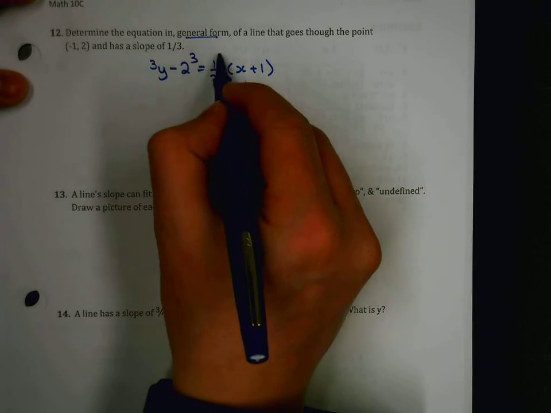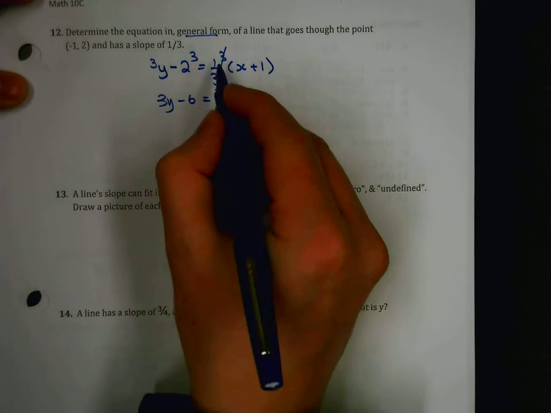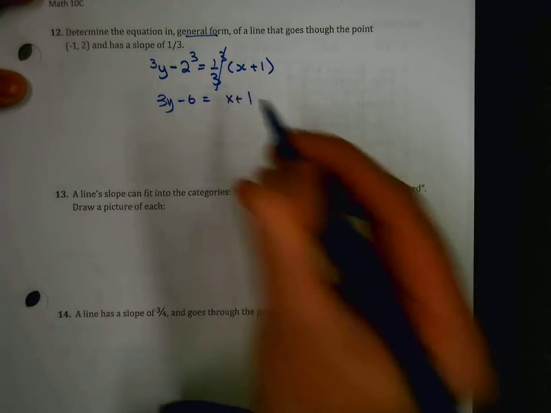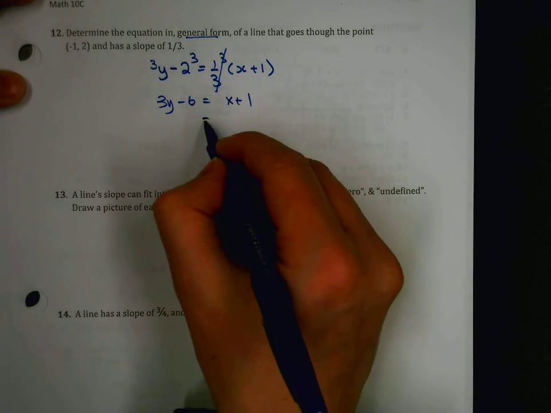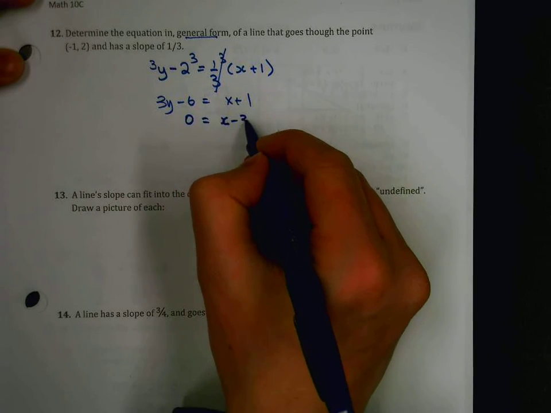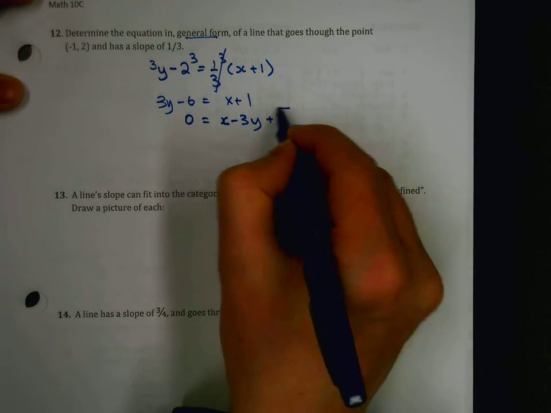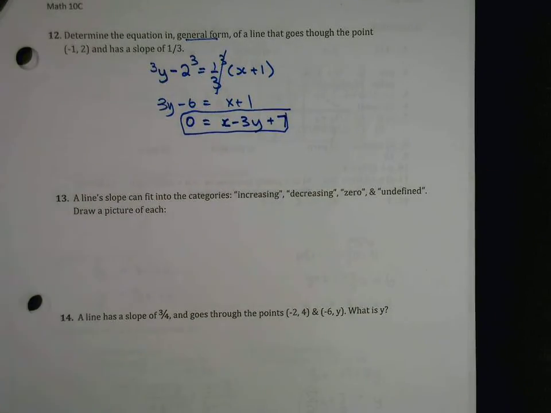So times everything by the 3, which would wipe that out. 3y subtract a 6 equals 1 in front of an x plus 1. Moving everything over to the right side to equal 0, we've got x minus 3y plus 6, with the 1 makes a 7, and there is general form.